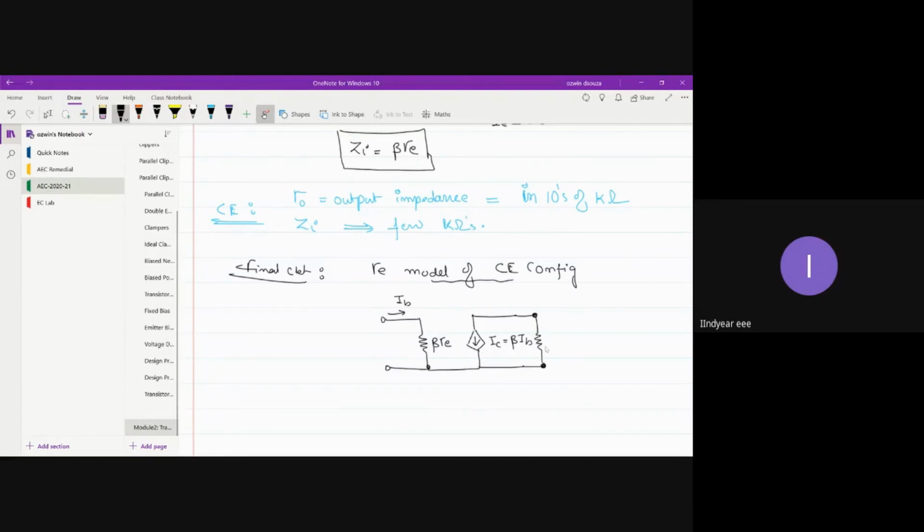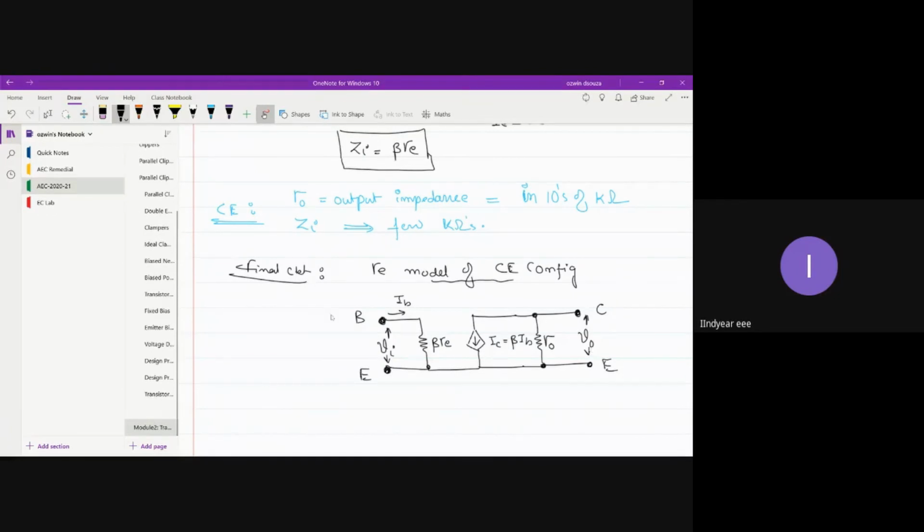And let us also mark the output resistance R naught, or output impedance. This is going to be your output port, collector and emitter, and this is going to be your input port, base and emitter.